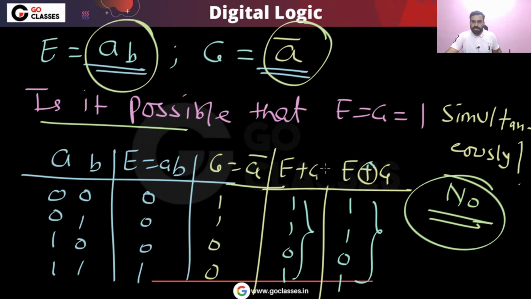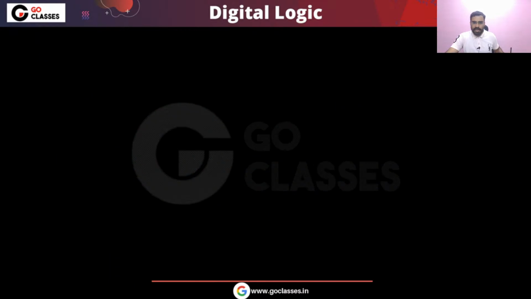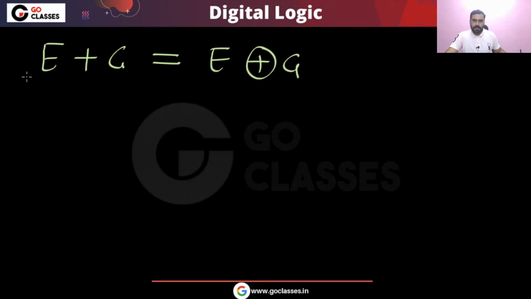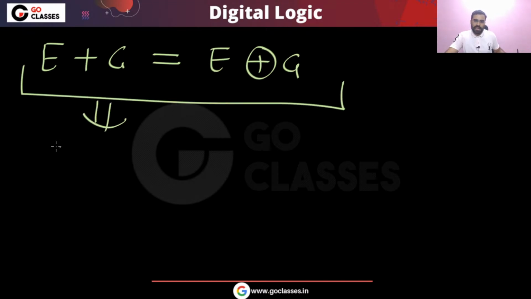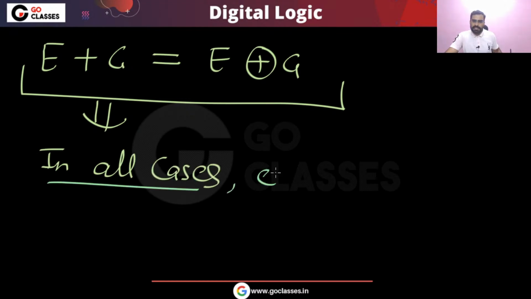Please tell me, did you understand this point that I am saying? Very simple point. E or G is same as E XOR G in all cases, except when E equal to G equal to 1.